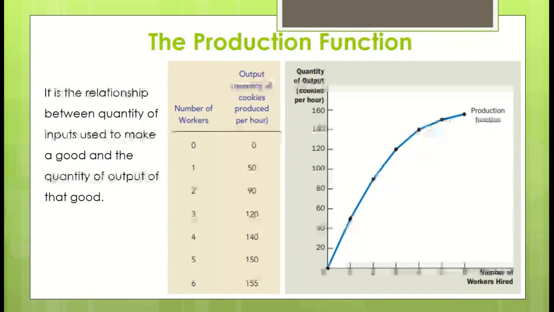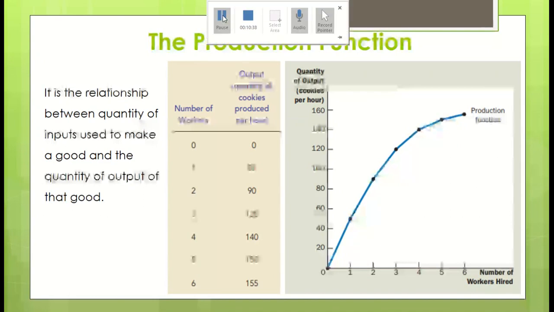Next important question is why marginal product of labor diminishes. In this example, output rises by a smaller and smaller amount, as we can see in the schedule of marginal product of labor.